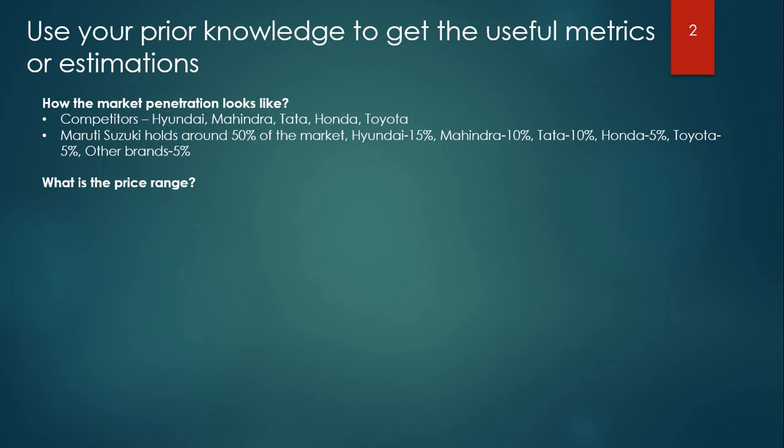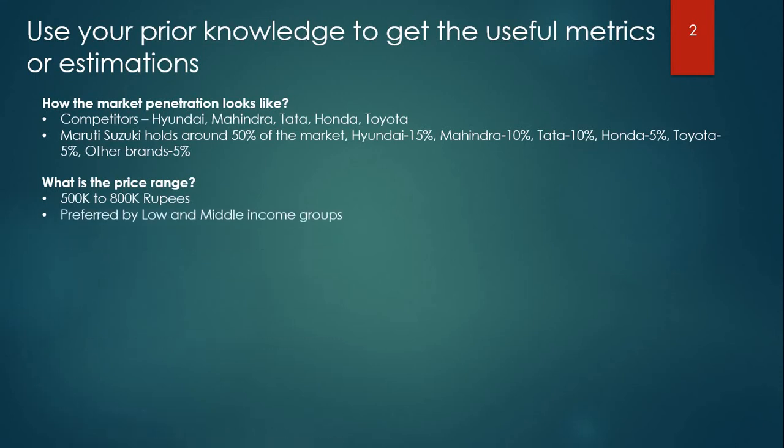Then you should think of what the price range of this particular model is. The Maruti Suzuki Swift lies under a price range of 5 lakhs to 8 lakh rupees.